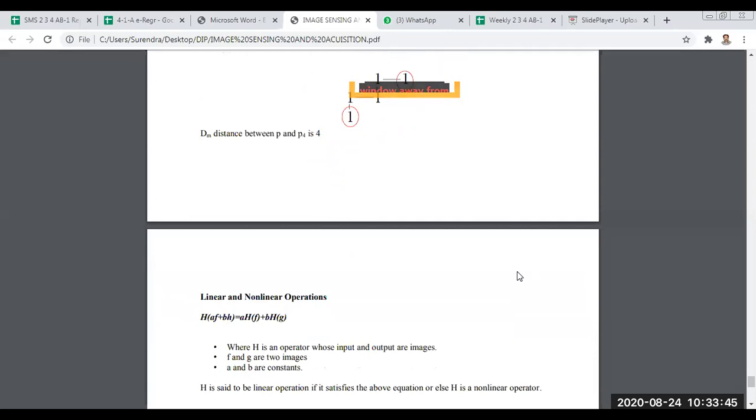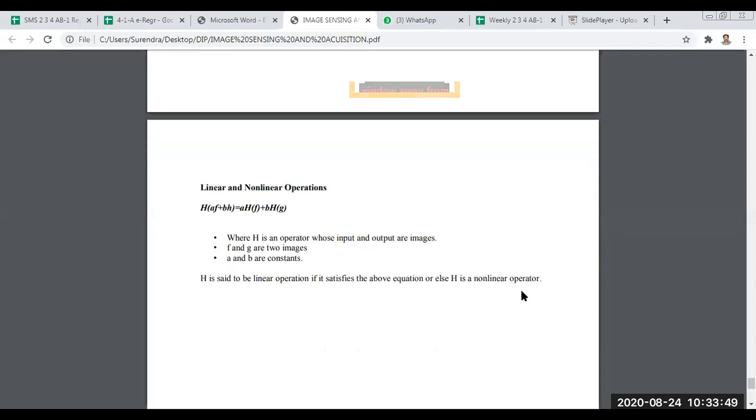Come to the next operations, linear and non-linear operations. So generally, what are linear and non-linear operations? If you are scaling, that is called linear, non-linear. So here H of a into f plus b into h. So scaling, and right side is H of LHS. LHS is H of af plus bh, and RHS equals a into H of f plus b into H of h.